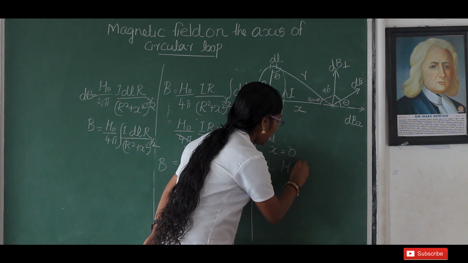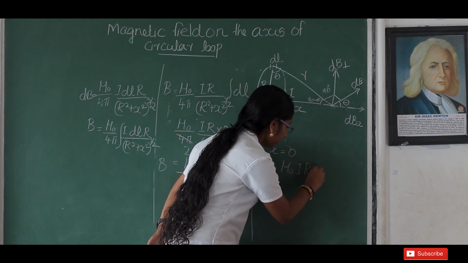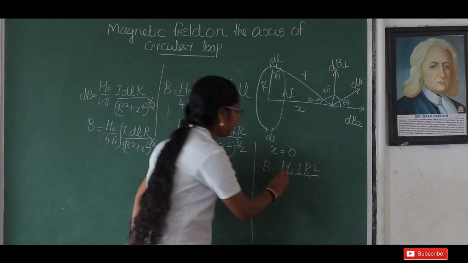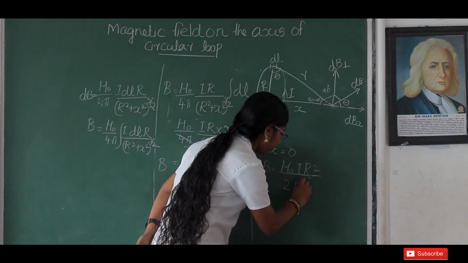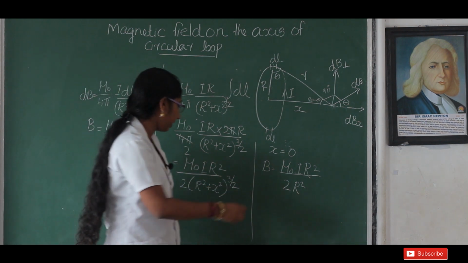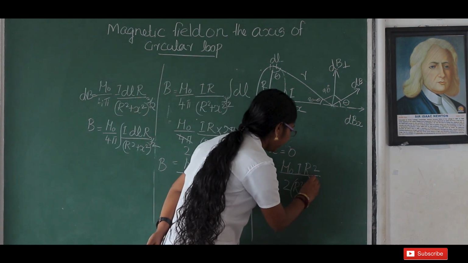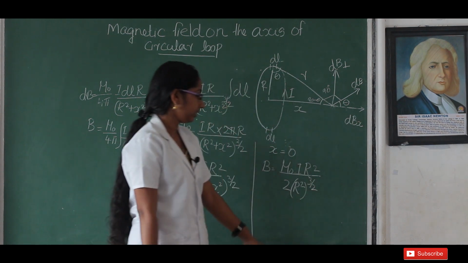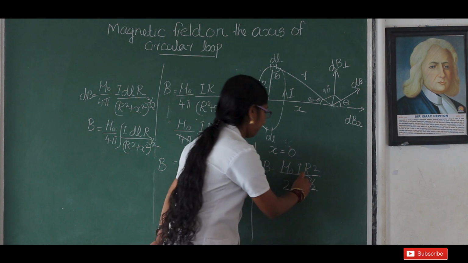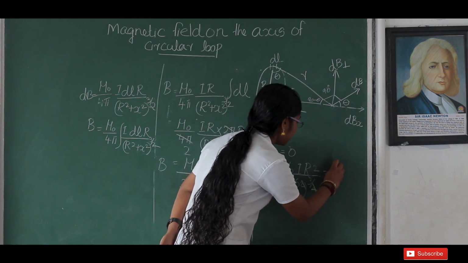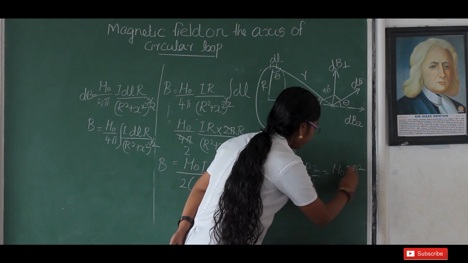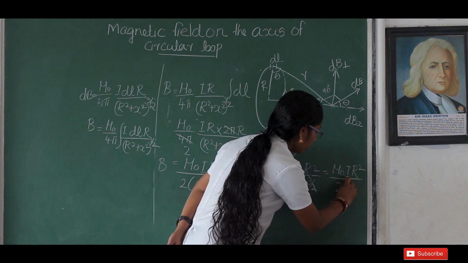mu 0 I r square divided by 2 into r square. Then this x square becomes 0. Then r square all raised to 3 by 2. Then we can cancel this 2 and this 2. Then our equation is mu 0 I r square divided by 2r cube.